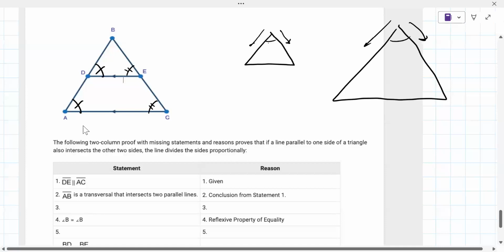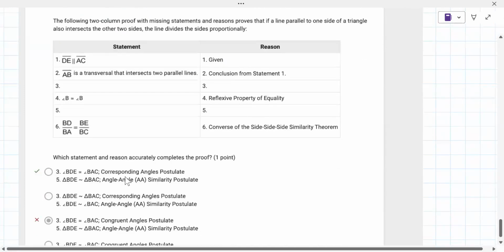Does that make sense? The thing that follows step 3 has to be whatever step 2 tells you. I know it's easier because I've done this a million times, but what you have to do as a student is look at the statement and ask, well, what follows? Okay, they're parallel. Well, that means some angles are congruent, the corresponding angles.